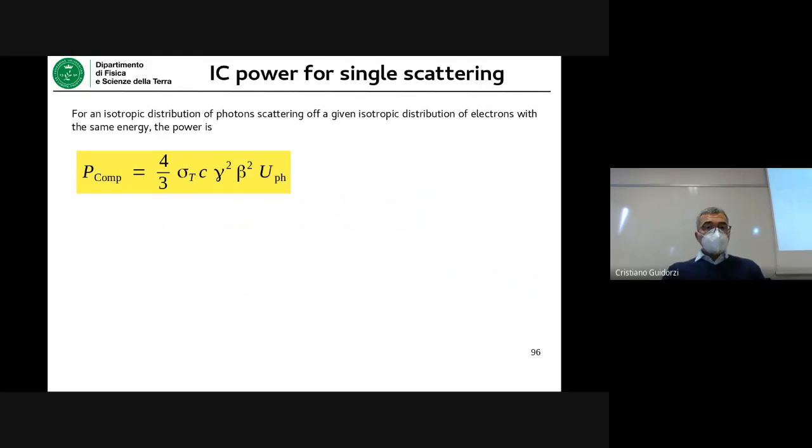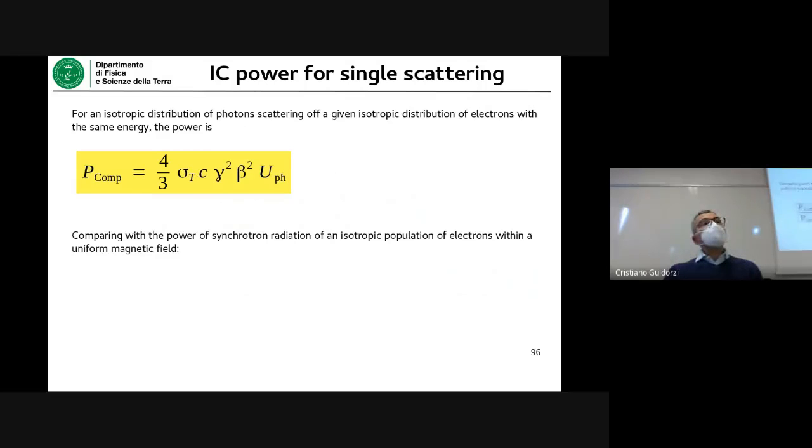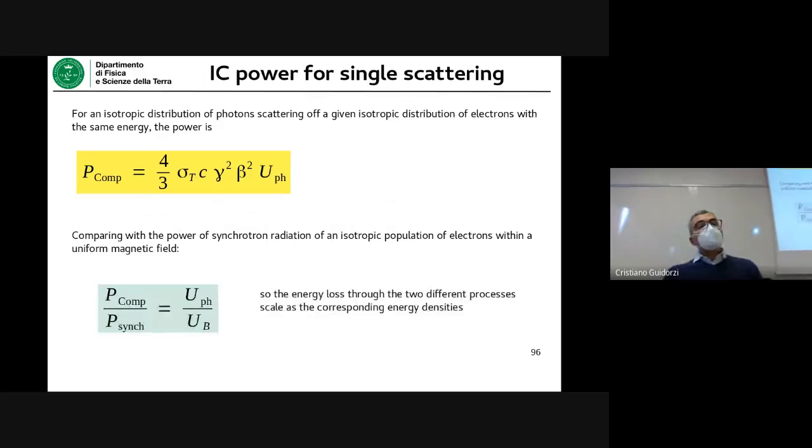Okay, so this is a summary of the result we've just come up with. If I have an isotropic distribution of photons and an electron is traveling through it, it will lose energy according to this power, according to this formula here. Now, let's suppose that not only do you have a photon field, but also the region is filled up with some magnetic field.